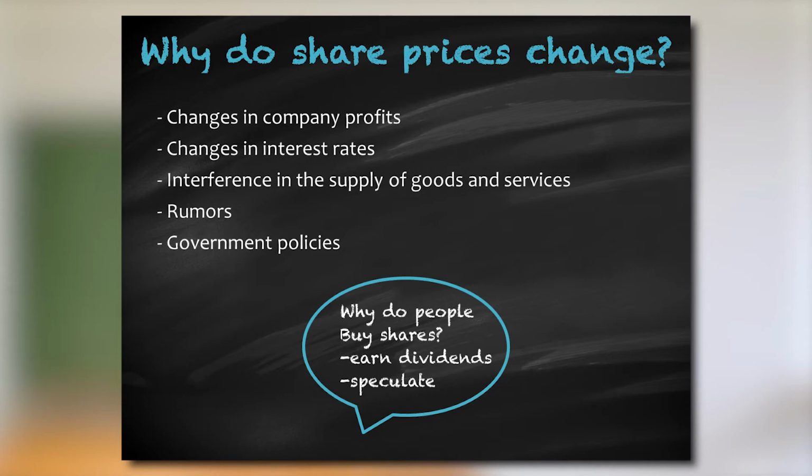So if I demand shares, the share prices will change. Then if there's interference in the supply of a good or a service, for example you can't get the product anymore, or there's a health reason against producing or using this product, then the demand for that product will drop, and so will the demand for that company's shares, because you know it will affect their profits.